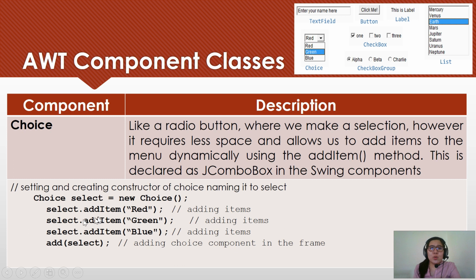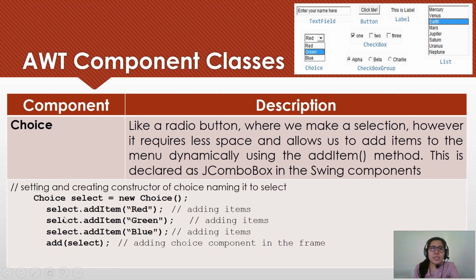So in order to do that, we have the keyword choice, space, our reference. The reference or object here is select is equal to new choice. We instantiate again. Then next, we'll add red, green, and blue. In order to add those items, we have the method addItem.